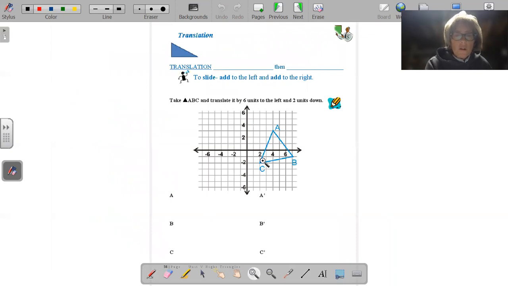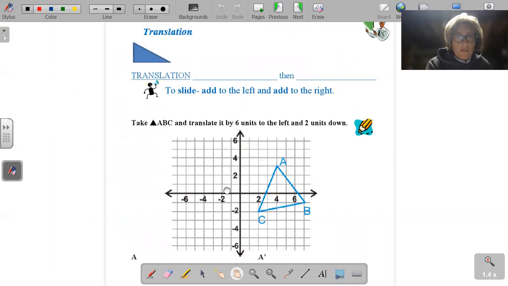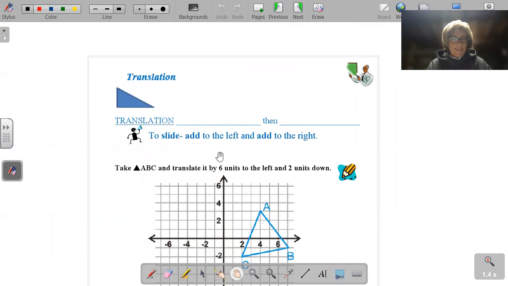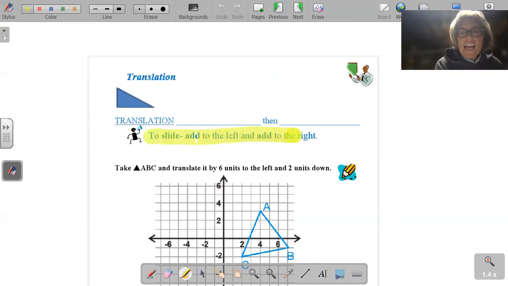Taking a look here, translation. To slide, add to the left, add to the right.